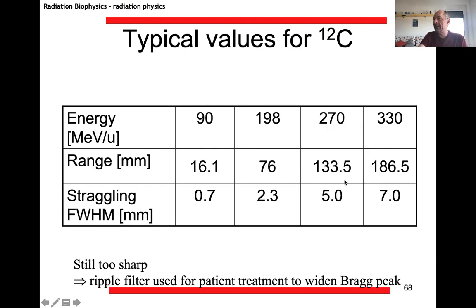A tumor is typically down here, so you need an energy on the order of hundreds of MeV. The straggling goes up from 0.7 millimeter to 7 millimeters. But still, it's too sharp, so you need a ripple filter to widen the Bragg peak and make a spread-out Bragg peak. You cannot use the straggling for spreading the beam.